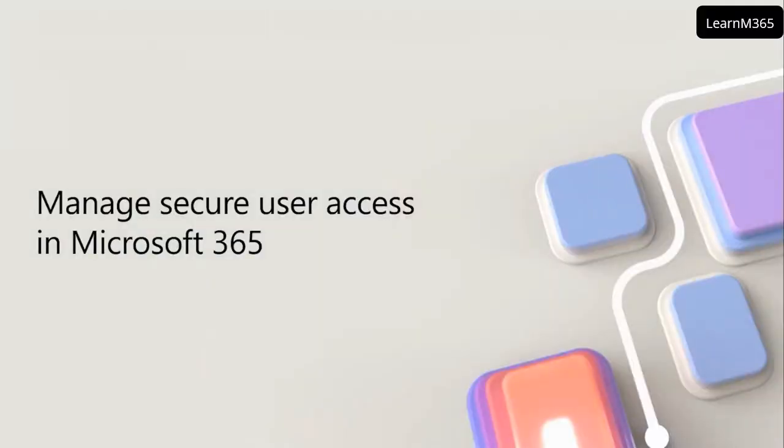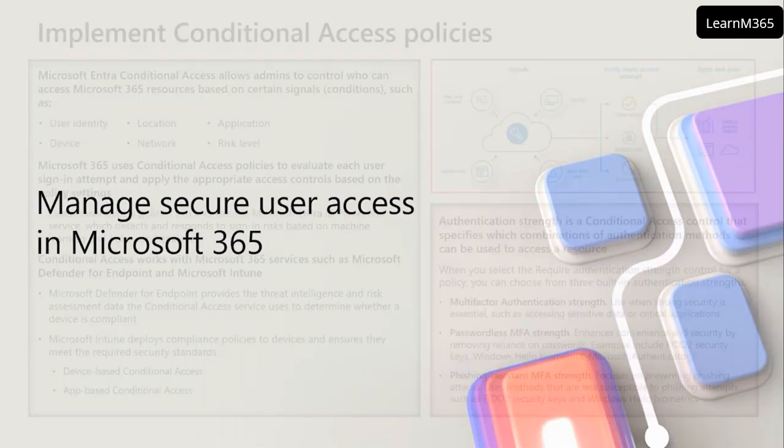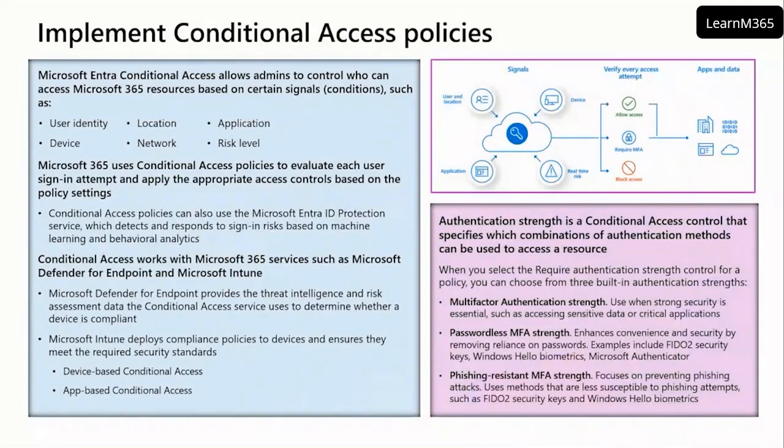Next topic that we have, manage secure user access in Microsoft 365. Within that, we have conditional access policy. What exactly is conditional access policy? Conditional access policy is a policy that will manage your authentication, your access, whether you can access particular applications and resources.